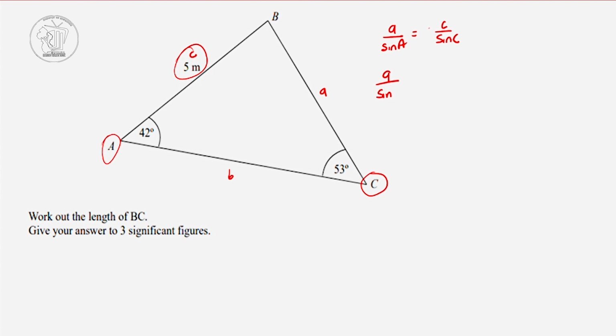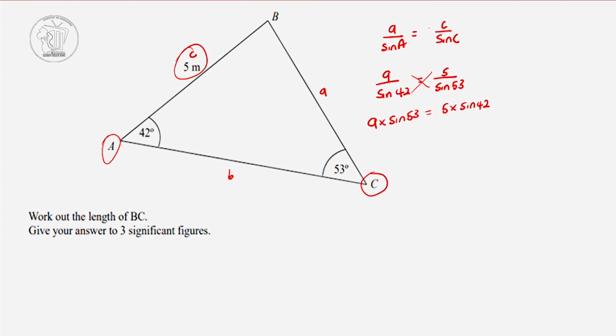A over sine A, A would be 42. That is equal to C, which is 5 over sine C, which is 53. So we have a fraction equal to a fraction. So we cross multiply. So we have A multiplied by sine 53 is equal to 5 multiplied by sine 42.